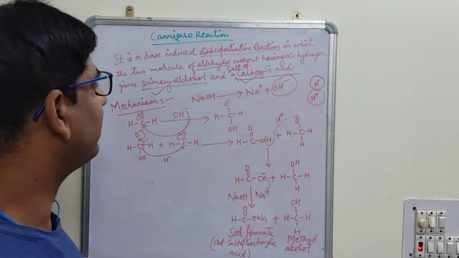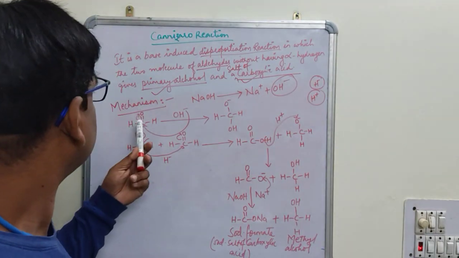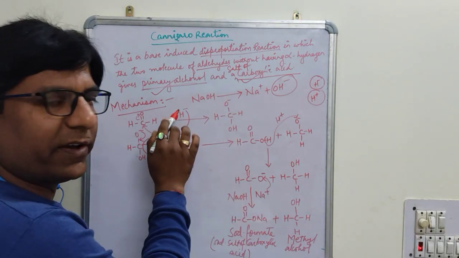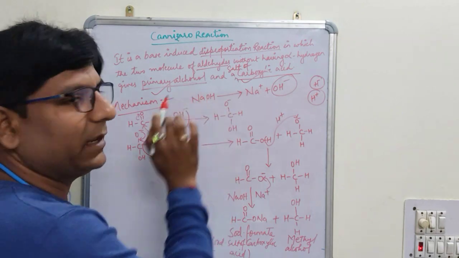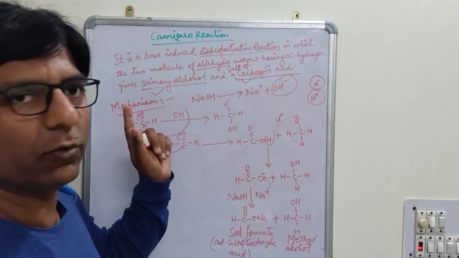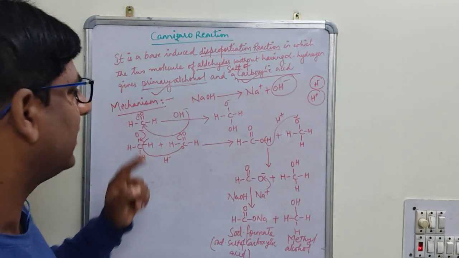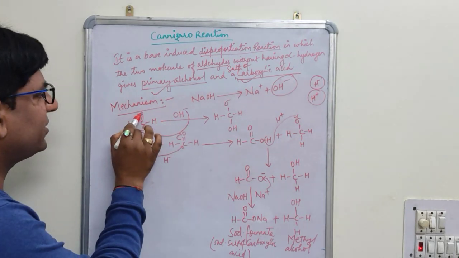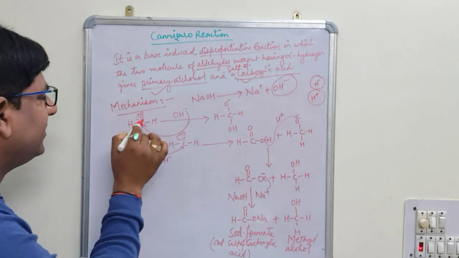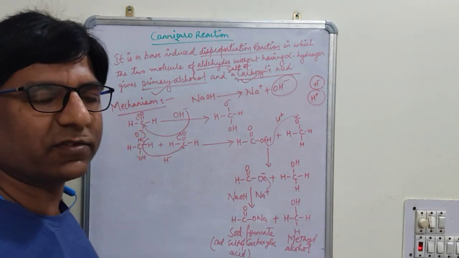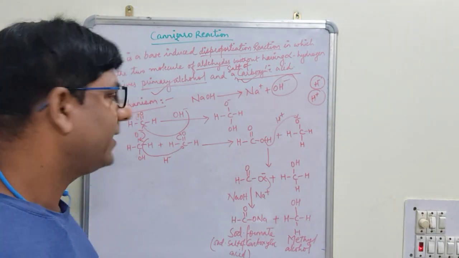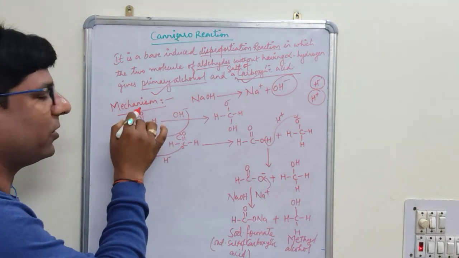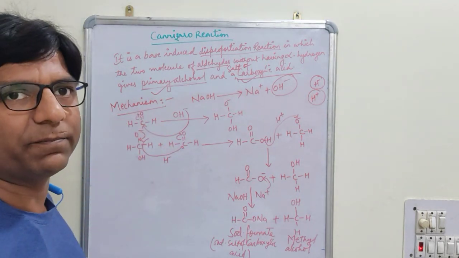Once again, I am just summarizing it for you. In the first step, this OH minus, from where did we get this OH minus? From the dissociation of NaOH. This OH minus attacks this carbon, and this bond shifts towards oxygen. This is basically the electromeric effect. If you have studied the electromeric effect, you have seen this shifting of the double bond towards the electronegative atom.